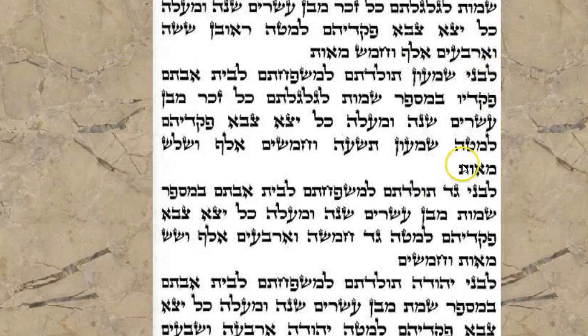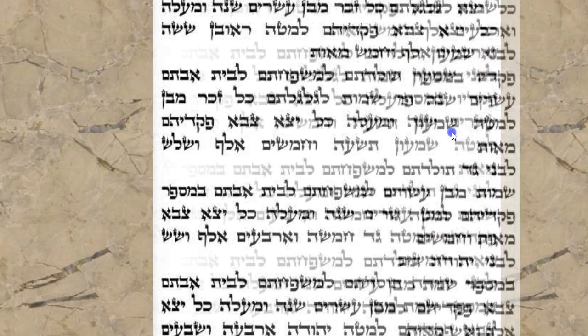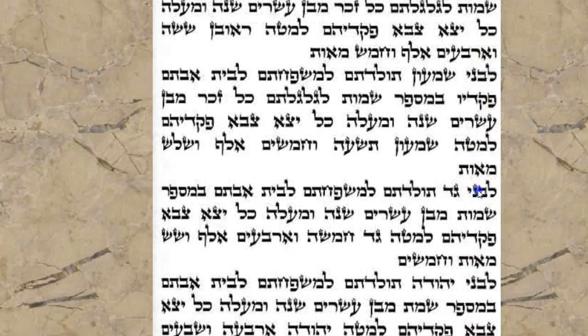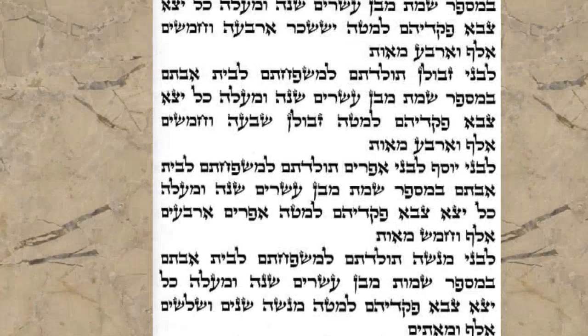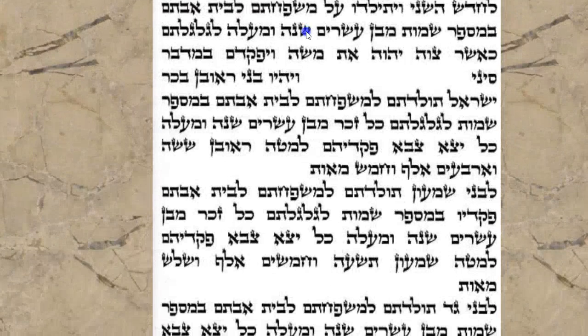It starts on a new line, and the same would be true with this one. This one is also starting on a new line, and therefore this one is also a Parsha Pitucha. So in the Torah, you'll have one of the two. Either it's a Parsha Pitucha, which means that there's open space and it starts on the next line, or it's a Parsha Stumah, it starts on the same line.